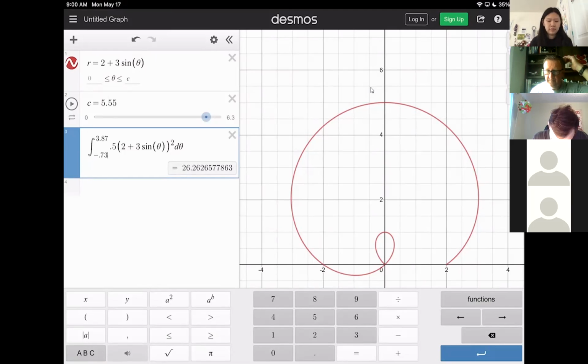So if the graph loops on top of itself, couldn't we go from 5 and then add 3.87 to it to get to the other side? Yeah, I think so. Everybody understand what Thomas just said? I think I'm understanding what you're saying. I thought I had it for a second.